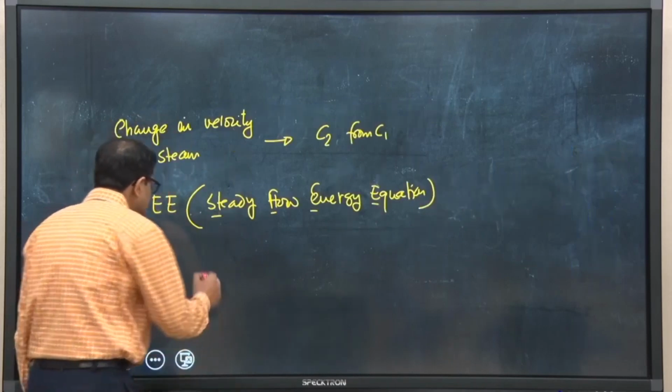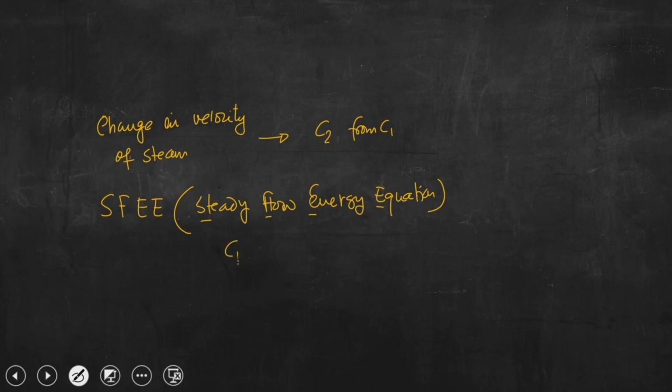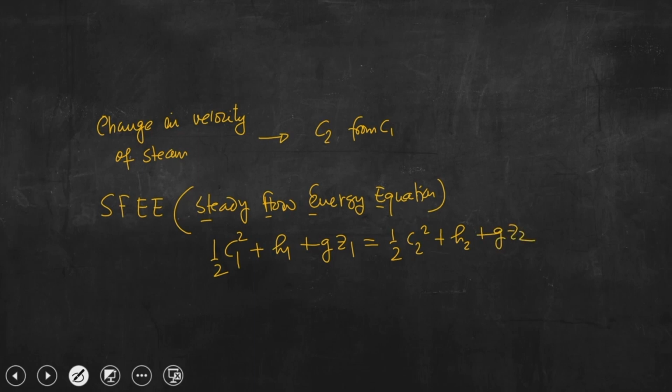So, in the absence of heat and work interaction, we can write half C1 square plus H1 plus g Z1 equal to half C2 square plus H2 plus g Z2.